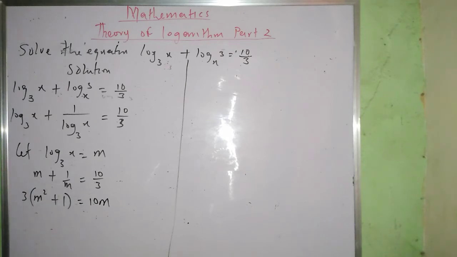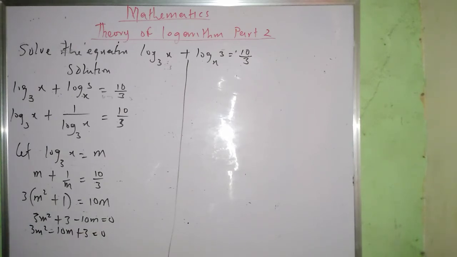I open the brackets and multiply, so I can have 3m squared plus 3 minus 10m equals 0. I can say 3m squared minus 10m plus 3 equals 0.